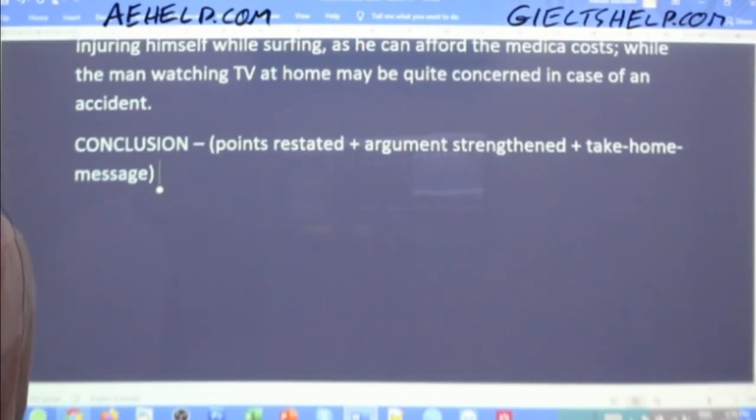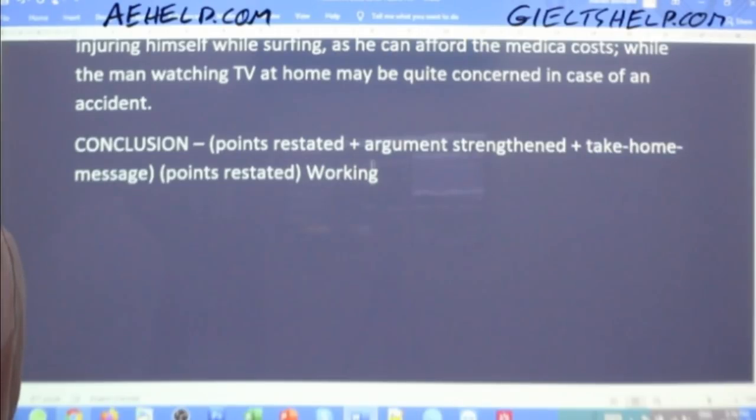Okay. So, points restated, working hard. Okay, let's take this one step at a time. Points restated, working hard and longer. Working harder and longer. We have to make sure we have parallel grammar.